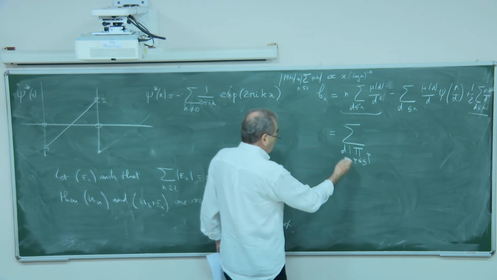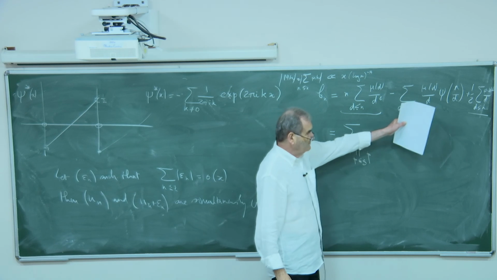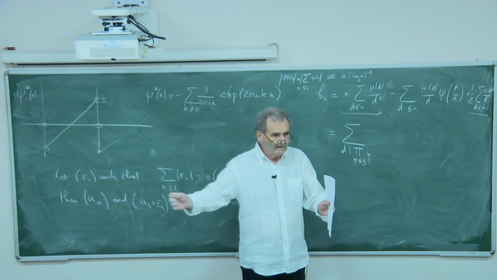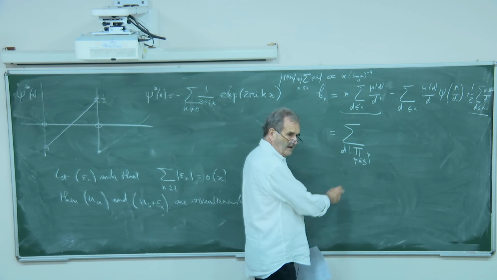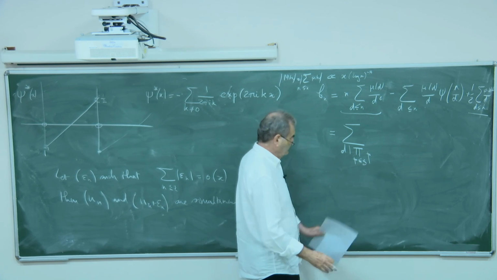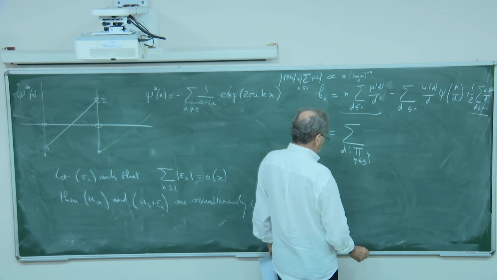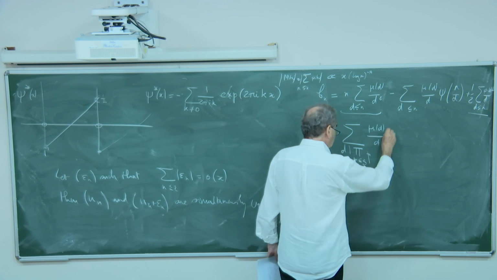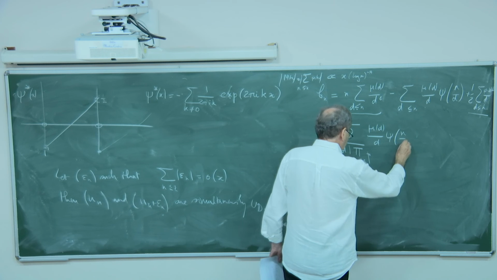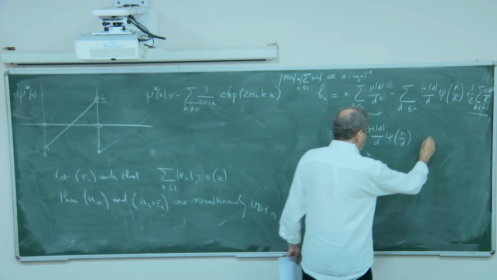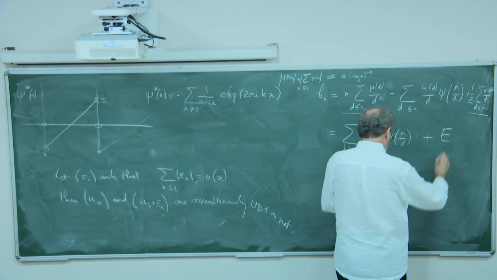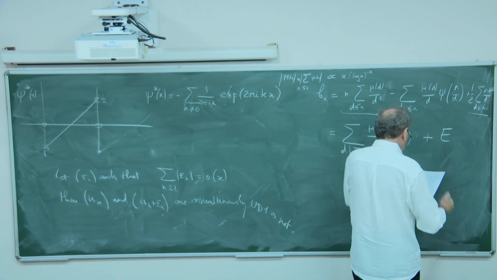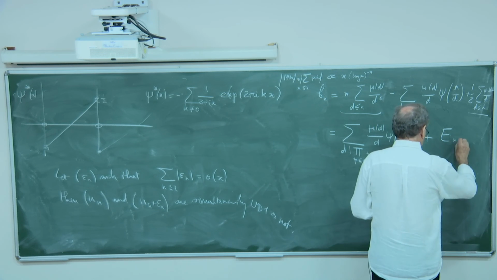Okay, so z is something which will be more or less connected with n, but if you take n between capital N and 2 capital N, then it will be the same value of z. Okay, you have the summation of mu of d over d, psi of n over d, and then there is some error term. And this error term depends on n and z.